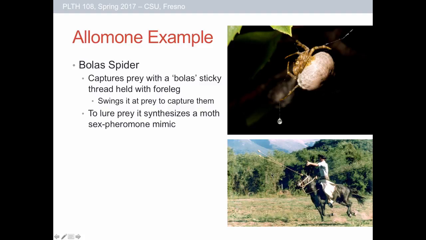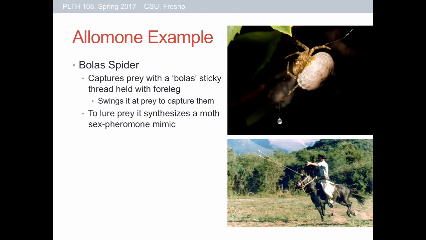Bolus, just for side information, in South America, many of the cowboys don't use the lasso like we do in the United States, but they have something called a bolus, which is sort of a three-ended rope with weighted balls at the bottom. You throw it at the cattle and it will tangle up their legs and cause them to fall over. So this guy's got sort of a little glue bolus.